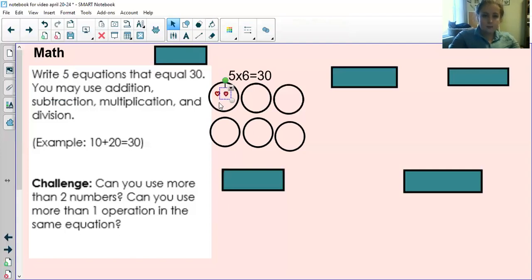Okay, so I have 2 in here so far. I need to have 5 total. So I'm going to do 3, 4, and 5. Okay. And now I'm going to try to do something else, see if it works. There we go.